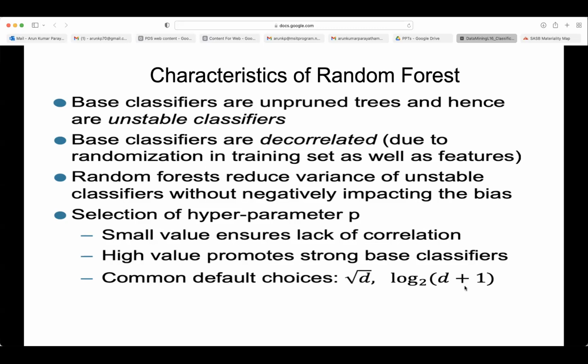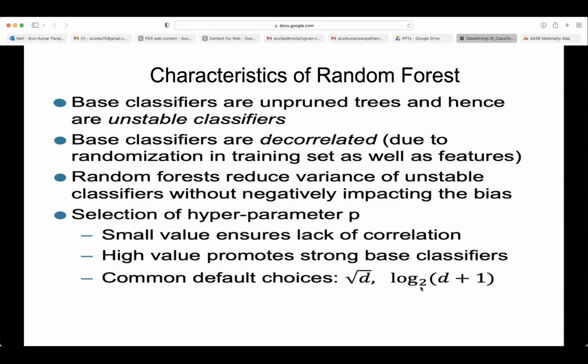So this is D plus 1 you are taking. Most of the time, logarithmic reduces the value to very small numbers. But with base 2, initially it looks like they are bigger, because what is the log of 1024?